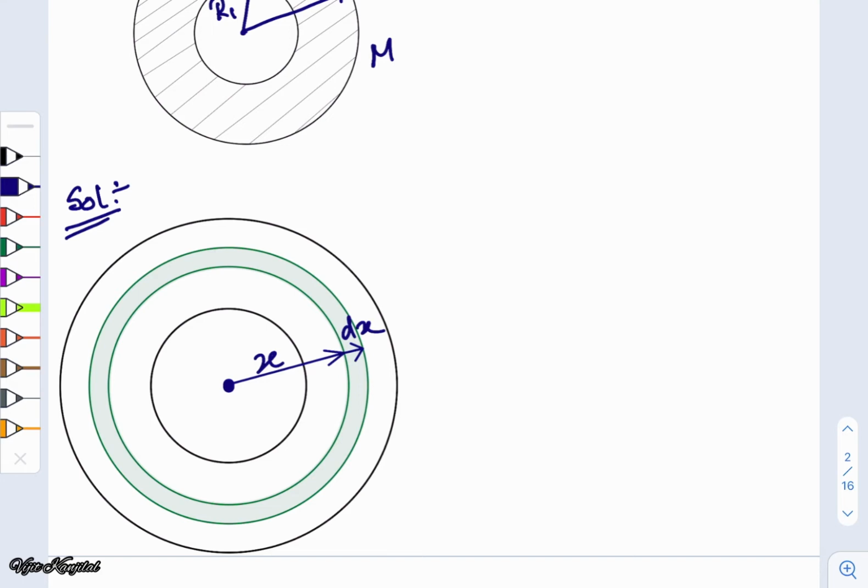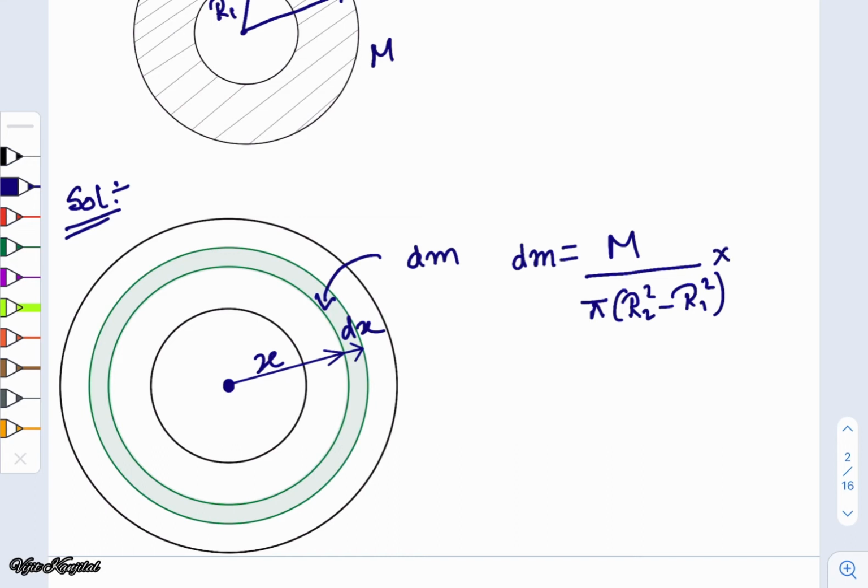So what is the mass of this elemental ring strip? Let us call that dm. So dm would be simply written as the mass of this lamina over the area on which the mass is distributed, that is pi times (r2 square minus r1 square), multiplied by the area of this particular strip, which is nothing but 2 pi x dx.